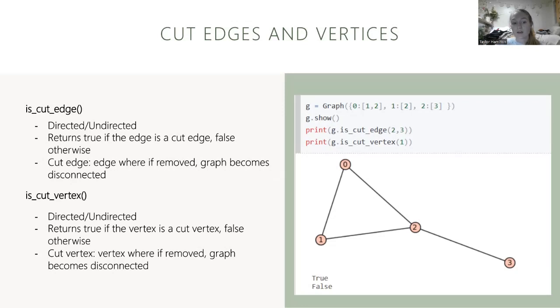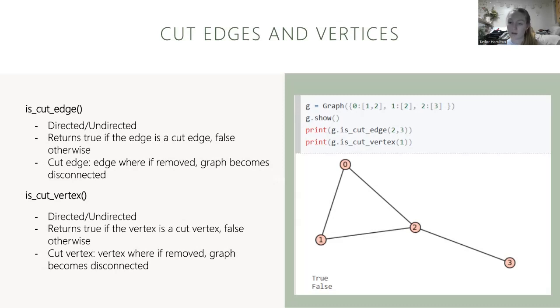Similarly, is cut vertex returns true if the vertex is a cut vertex and false otherwise. A cut vertex is a vertex that, if removed, makes the graph become disconnected. So here, I call on G is cut vertex for vertex 1, and it returns false because 1 is not a cut vertex. If 1 were to be removed, the graph 0 to 3 would still be connected.